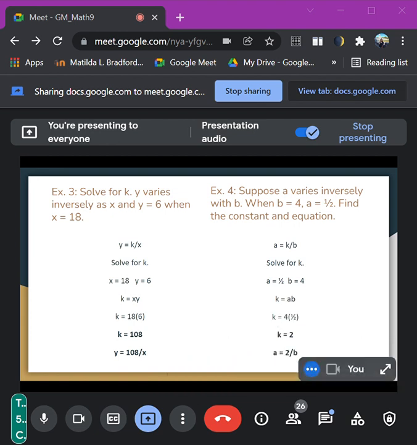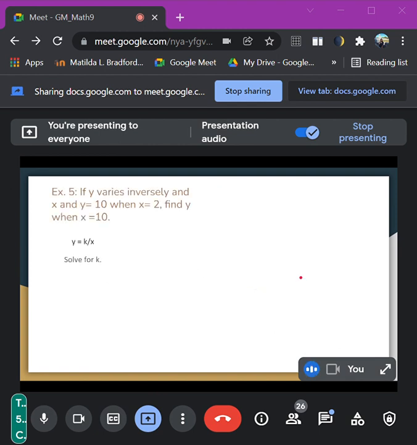Okay. Now, this time, class, is we are going to have our next example. So here, if y varies inversely and x and y is equals to 10 when x is equals to 2, find y when x is equals to 10. Okay.